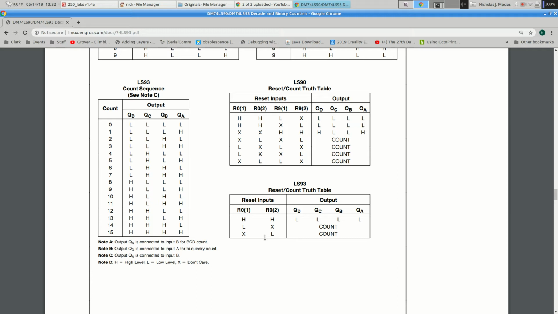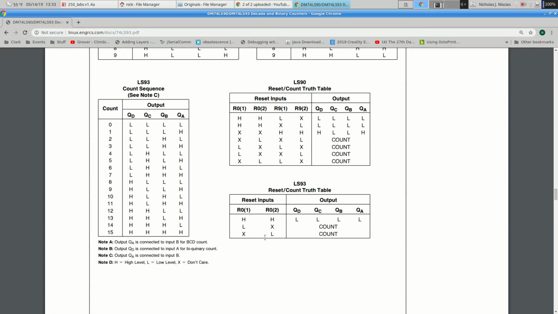So on the 7493, R01 and R02, go ahead and tie those both to ground. You only have to do one of them to ground, but it doesn't hurt to make them both low.